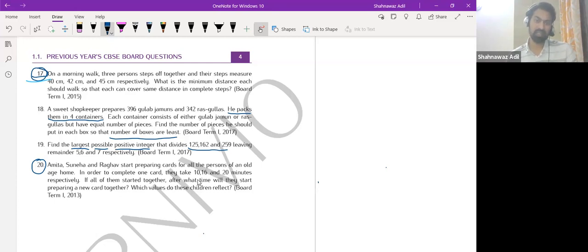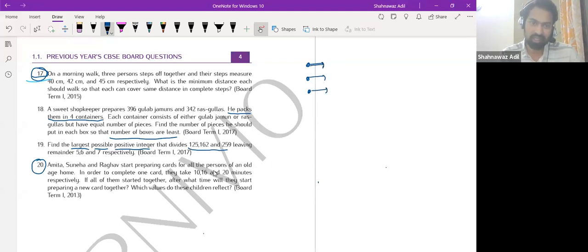Okay, so they are taking 10, 16, 20 minutes for one card. Now they have started together, right? After what time will they start preparing a new card together? At the start they started preparing a card.